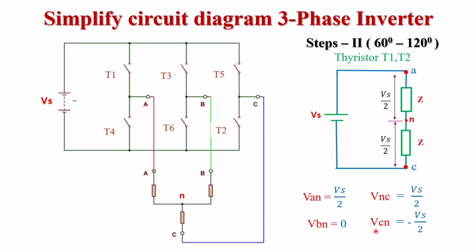If we want VCN voltage, that is equal to minus Vs by 2. This time VBN equals 0, because in the circuit diagram both phase B thyristors are turned off this time. Only two thyristors are conducting in step 2, T1 and T2, the phase A and phase C thyristors. That is why phase B voltage is 0.